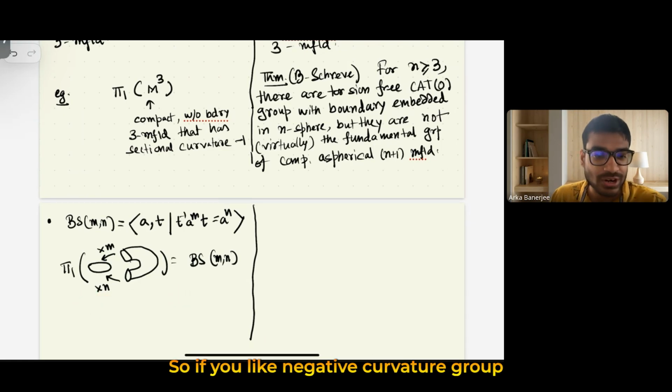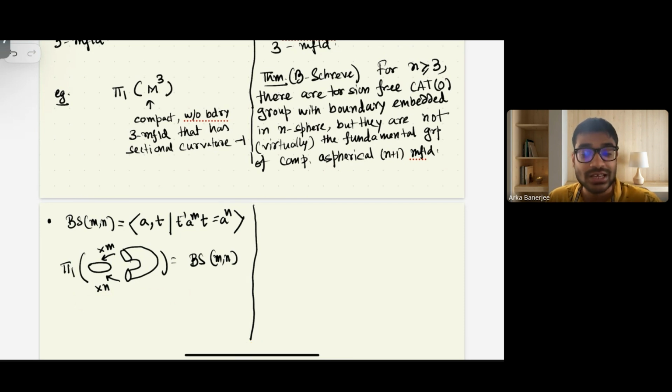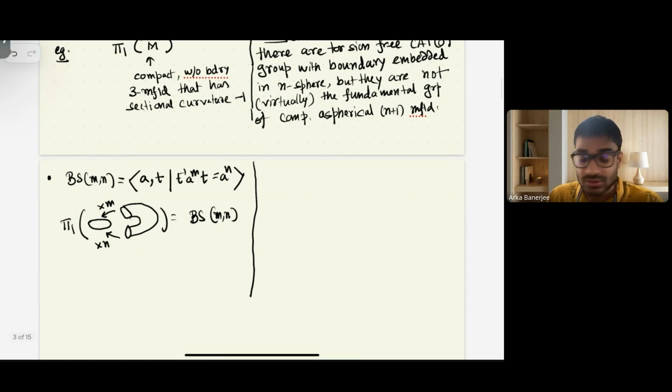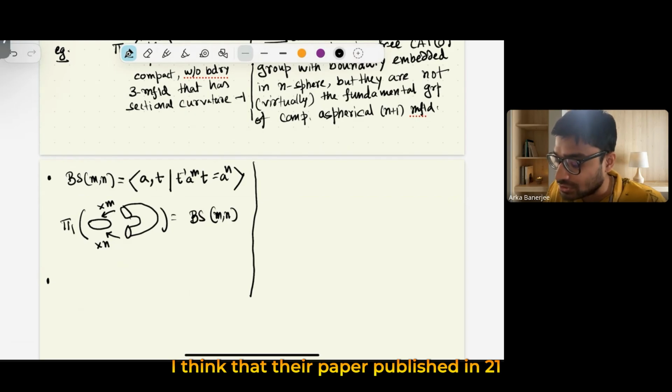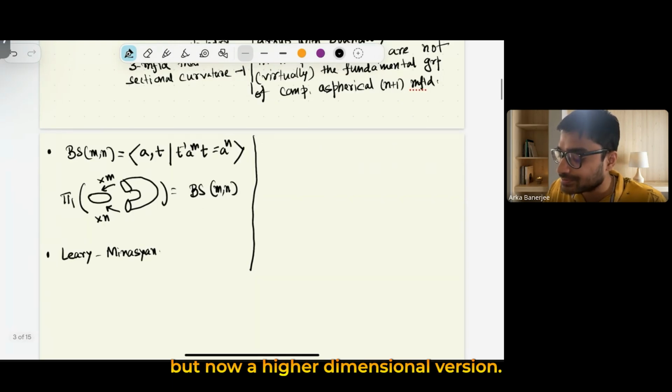So if you like negative curvature groups, then probably the Baumslag-Solitar group is not your group. But to make them CAT(0), Leary and Minasyan, very recently in 2021, I think their paper was published in 21, constructed a similar group, but now a higher dimensional version.